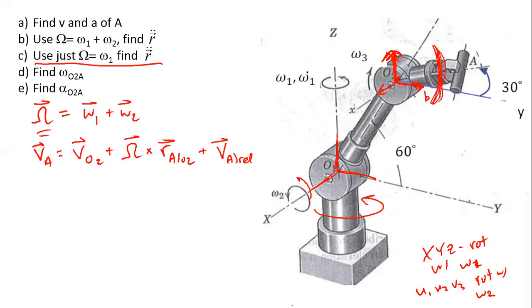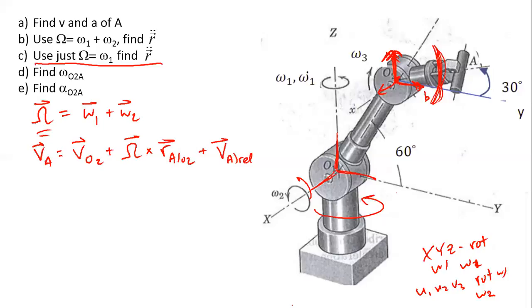So then, everybody think to yourselves for a minute, what would I see? Would A have a V-rel with me looking at it? Let everybody think about it for a second. If I'm not rotating with the omega 3, I'm only rotating with the omega 1 and the omega 2, and I'm looking there at point A, does A look like it's going to have any velocity?